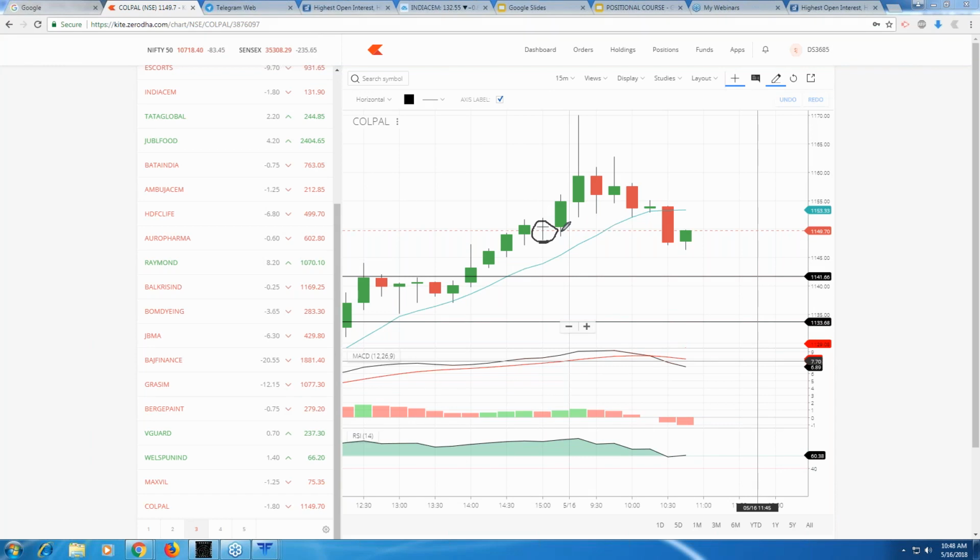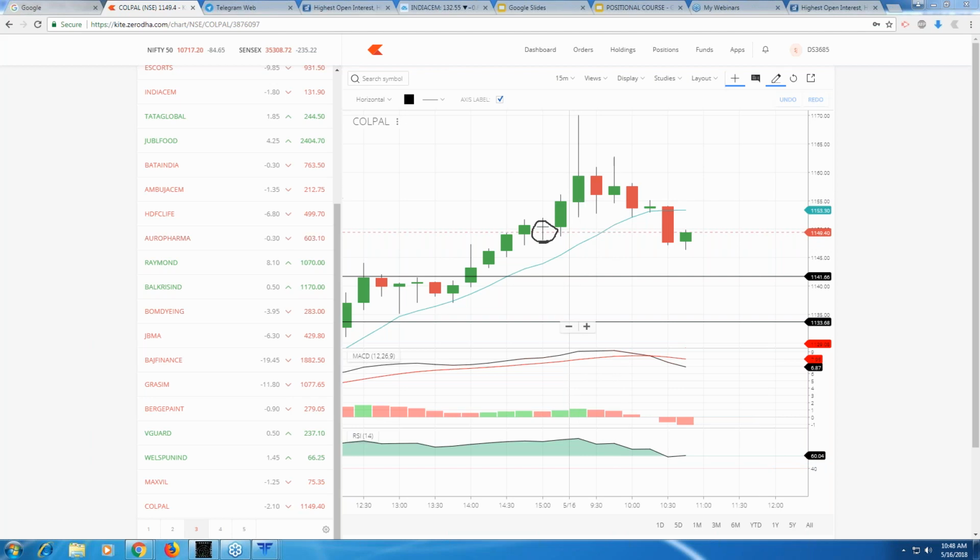And we gave a target of about, let me just look at the text messages and find out from there. We gave it, and the stop loss was there. From 1148 yesterday it touched a high of 1156.